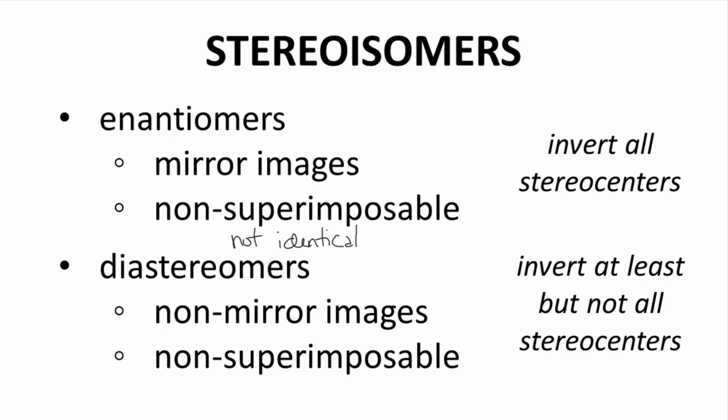To be enantiomers, all the stereocenters in the molecule must be inverted between the structures. To be diastereomers, you need to have at least one stereocenter inverted, but not all the stereocenters. If you invert all, then the 2 molecules will be enantiomers. Okay, enough terminology. Let's see some use cases for stereochemistry.